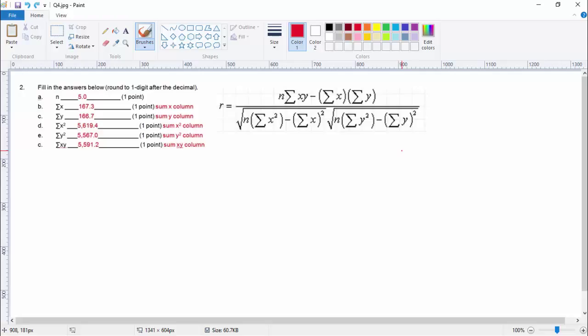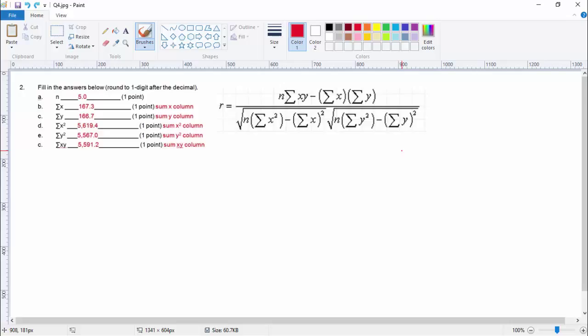Now, before we do this, I just want to remind you, why are we calculating R? Remember at the beginning, we had 5 experimental units. You can have as many as you want. Ours were colleges. Now, each of these units had 2 attributes. They had an X and a Y. The X was male professor salaries and Y was female professor salaries.